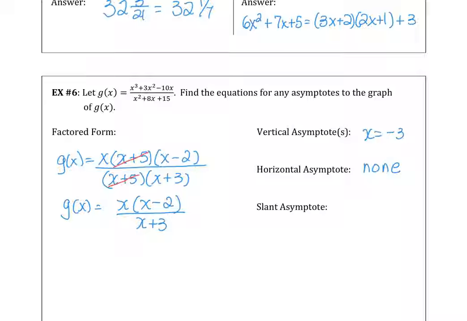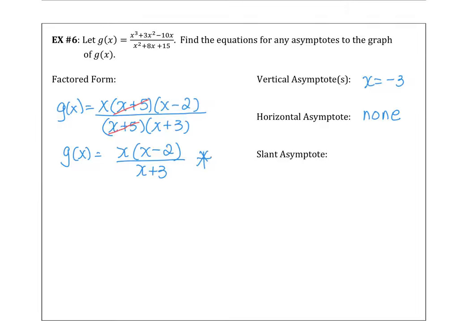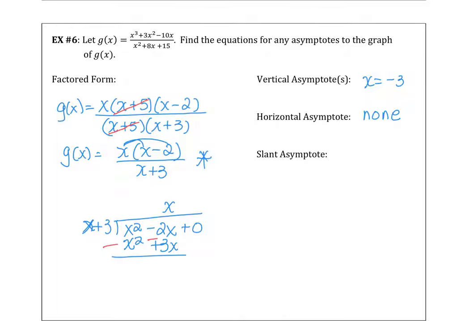So I'm going to use the simplified form right here, this portion, and say that x plus 3 is my divisor, divides x squared minus 2x, I distributed this, plus 0, and x goes into x squared, x times x plus 3 is x squared plus 3x. We're going to subtract those first two terms.